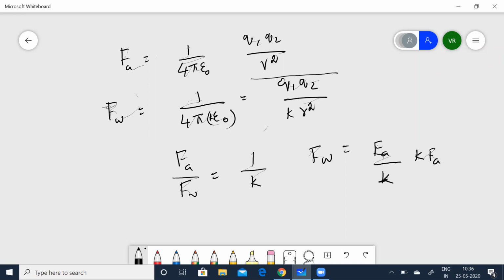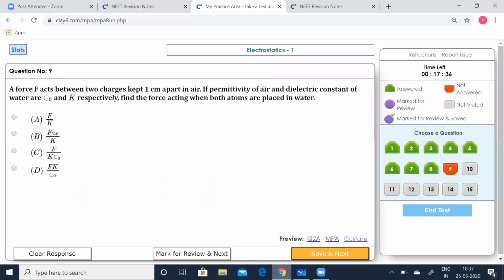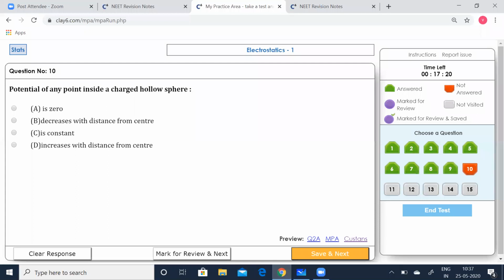I'm sorry children, this is going to be 1 by K. This implies Fw is equal to F air by K. So option A, F by K. He's mentioned that the original force is F, so we take that F by K. Save that, go to the next.